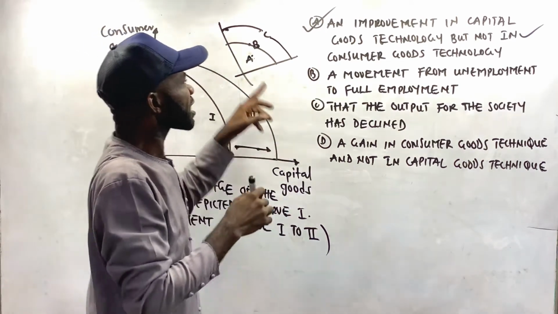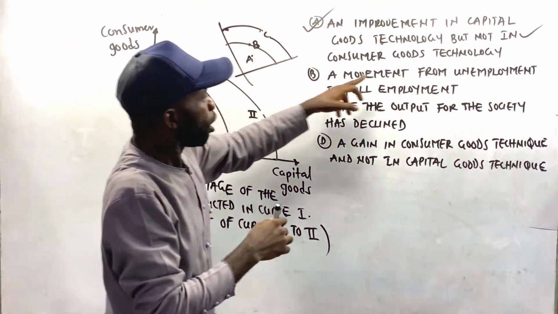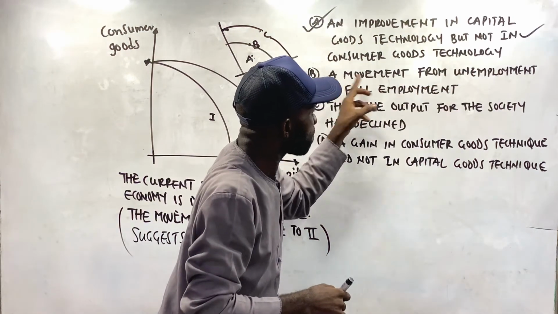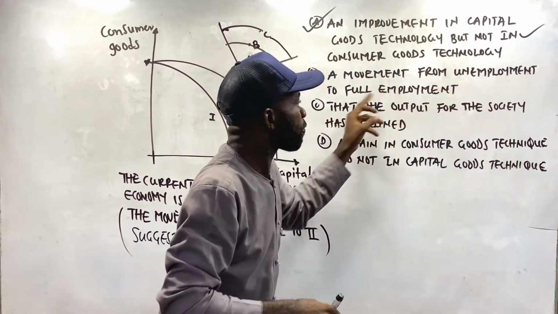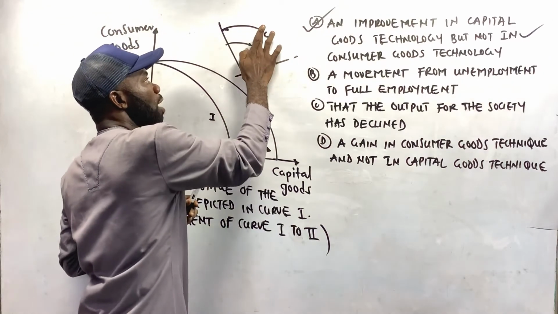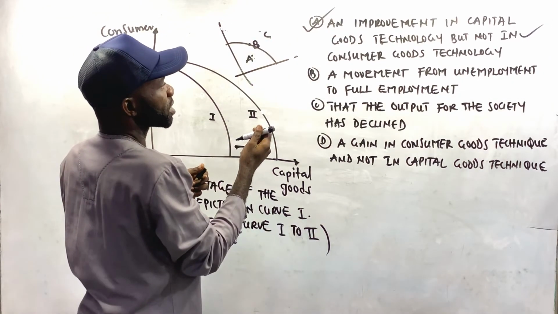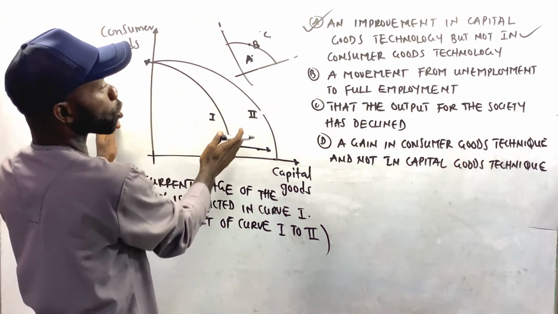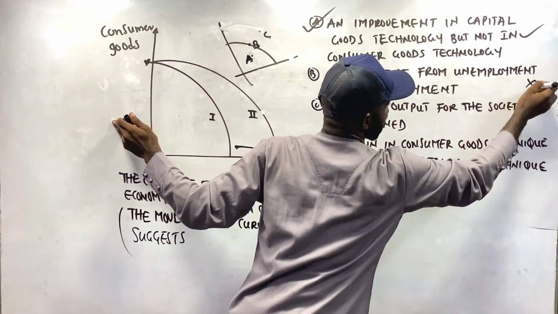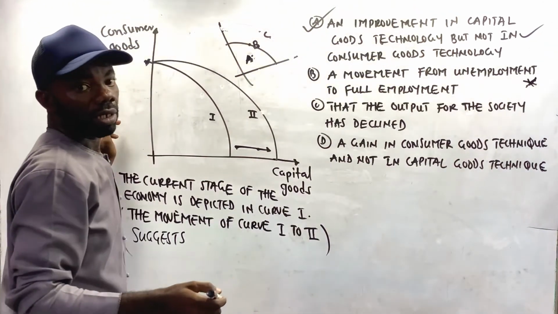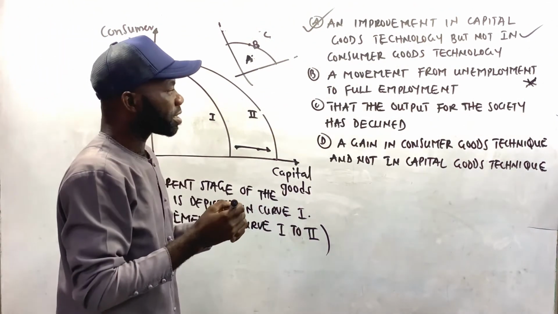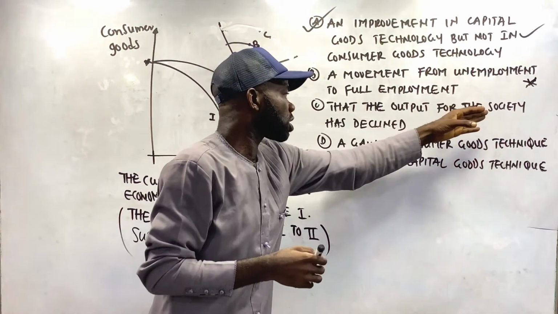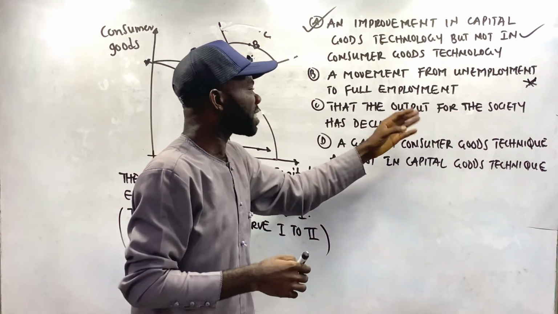Option B is talking about this: a movement from unemployment to full employment. Let's take this out. This is unemployment and this is full employment. And that's not what's happening here. So this cannot be correct. Option C says that the output for the society has declined.